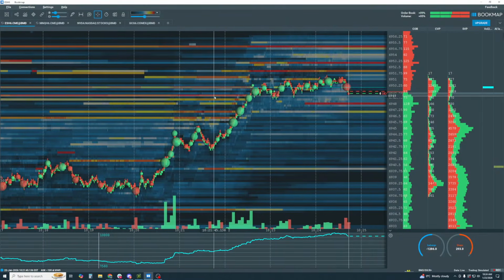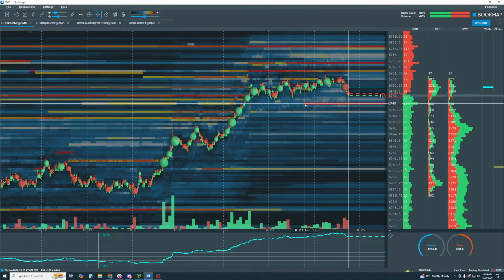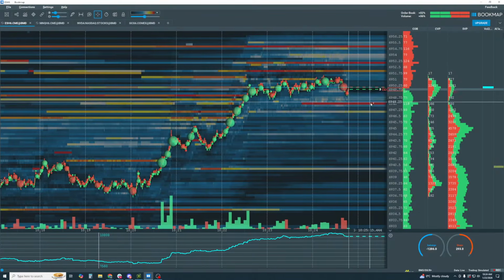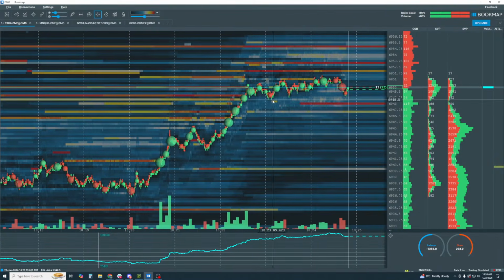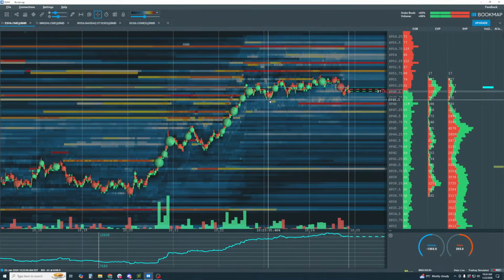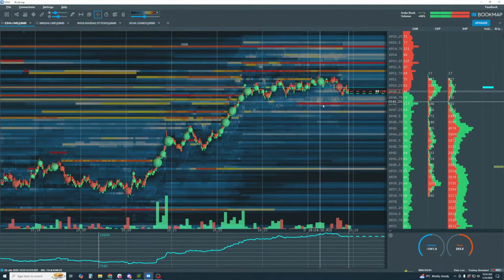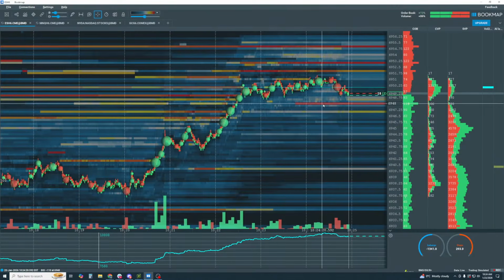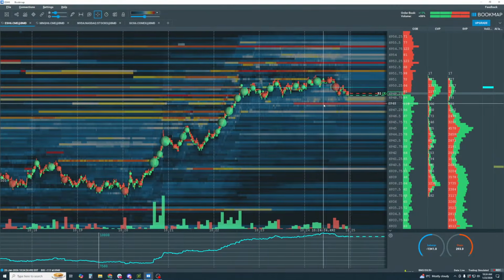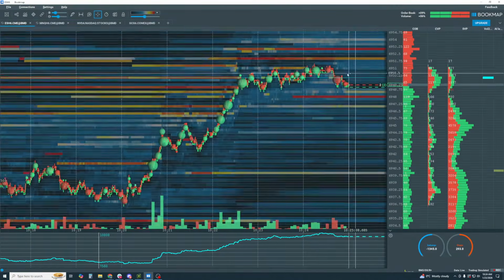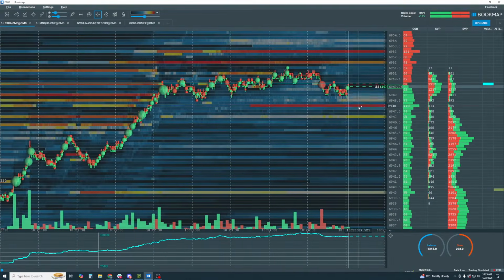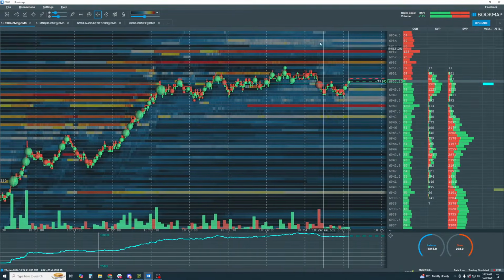So what was on the offer here is now on the bid. You could say maybe it's support here at this swing, but it's demand is what it is. These are limit buy orders. So let's see how the market reacts to these limit buy orders at 48.